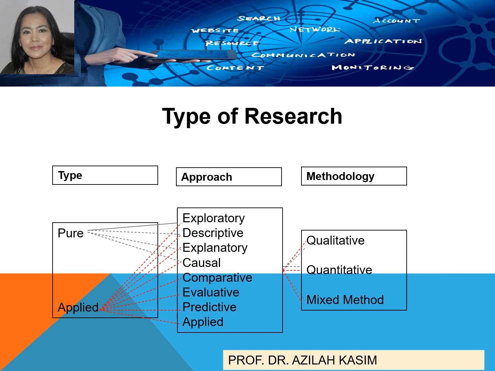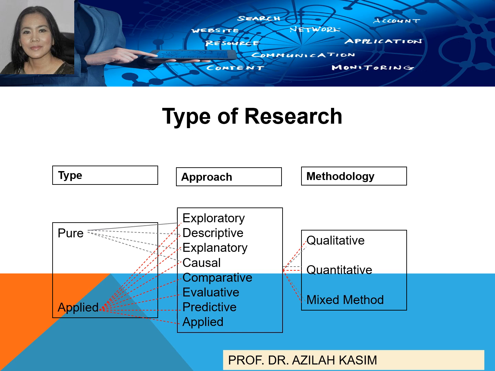For example, for basic research, we can use exploratory, descriptive, explanatory, or causal research. Whereas if we do applied research, then we can use all the approaches: exploratory, descriptive, explanatory, causal, comparative, evaluative, and predictive.